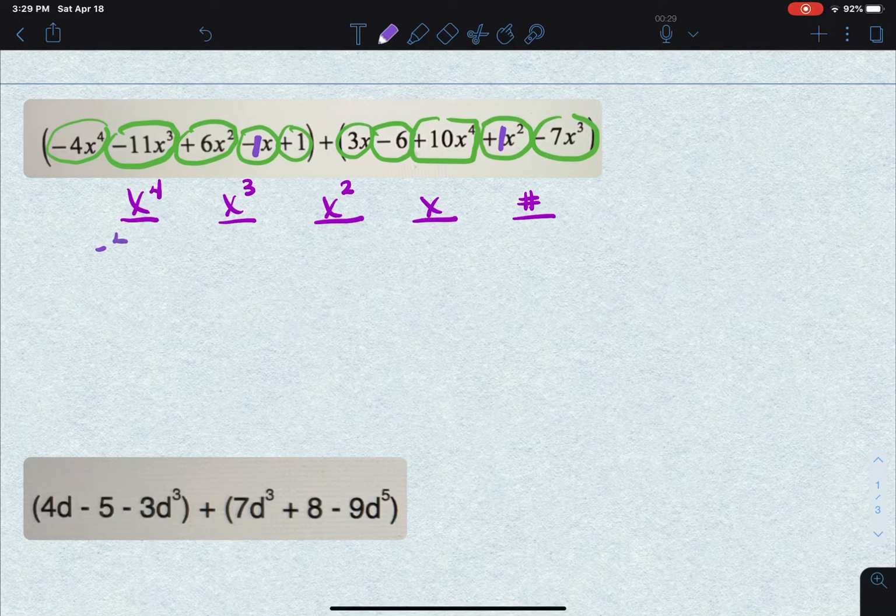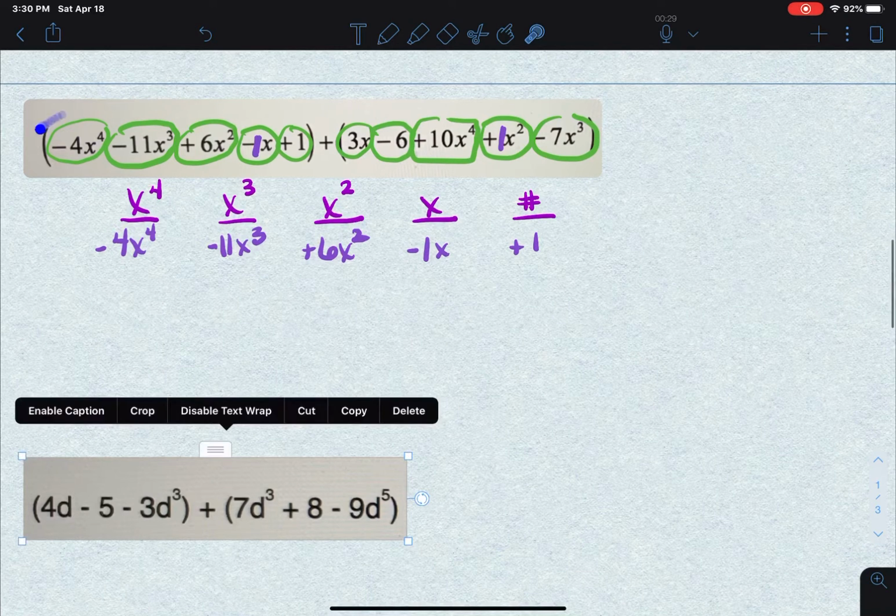So I have negative 4x to the 4th, negative 11x to the 3rd, plus 6x squared, minus 1x, plus 1. So I sorted everything that was here. And really for us, that was a pretty good deal because it was already in standard form. I just had to get stuff in the right columns.